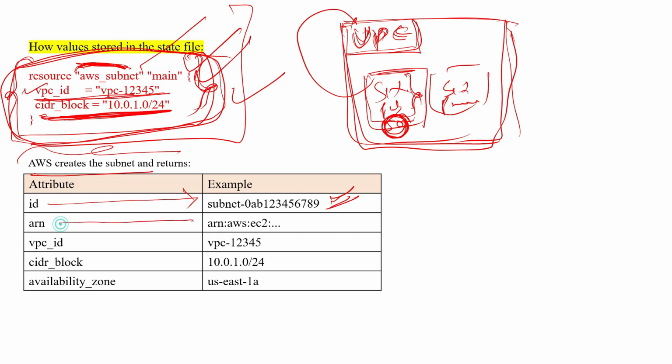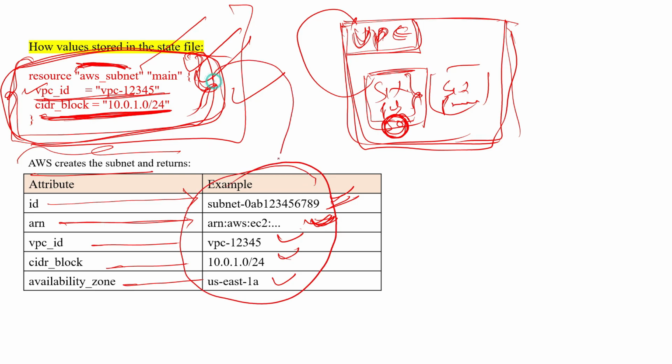There would also be a corresponding ARN for each and every resource in the cloud. The ARN will be returned, VPC ID will be returned, CIDR block of the subnet will be returned, and in which availability zone this has been created will be returned. So these are the values returned by AWS once the resource is created by Terraform, and all these values are going to be stored in the state file, right?